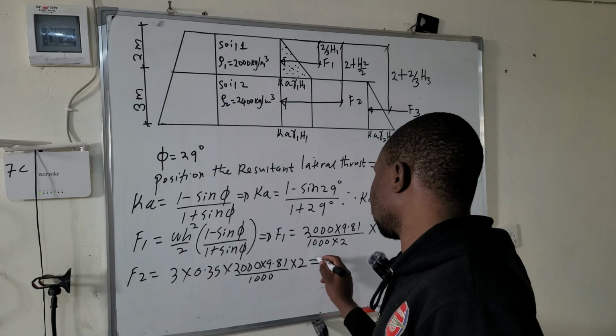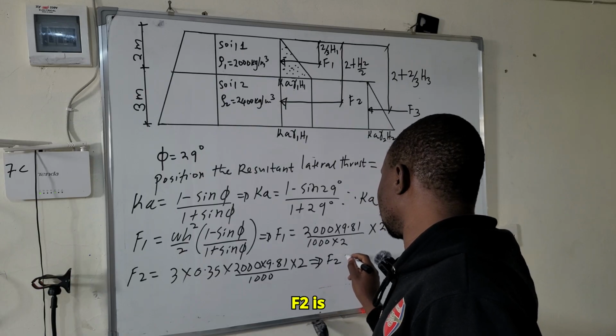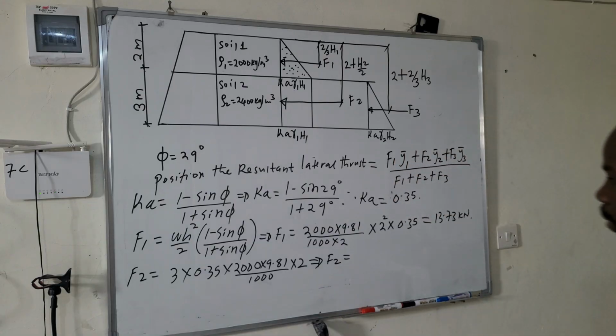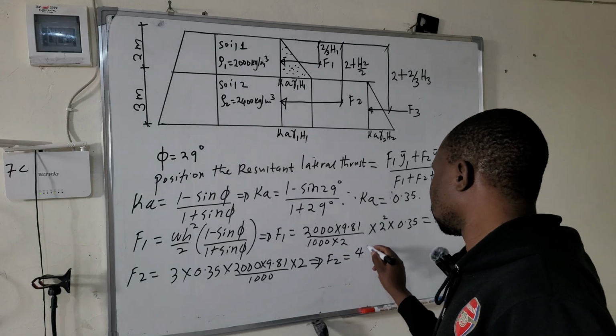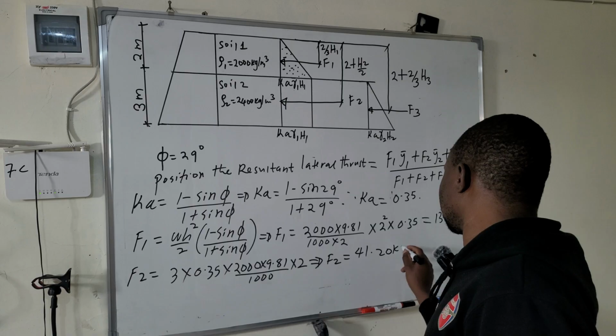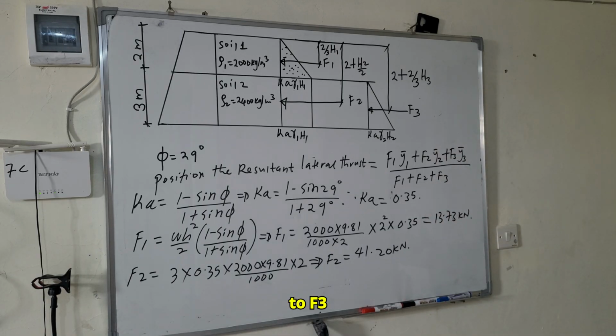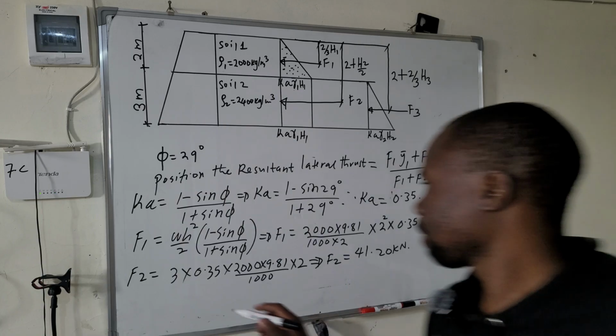Which implies F2 is equal to 41.20 kilonewton.